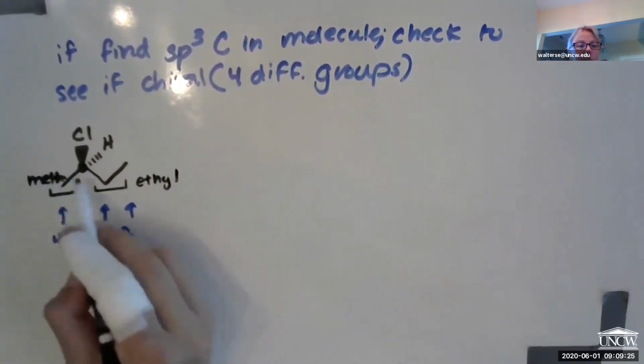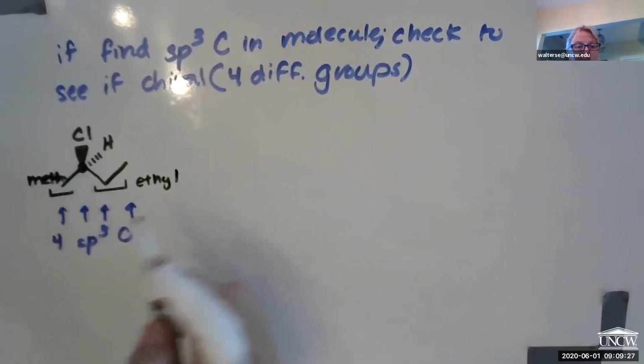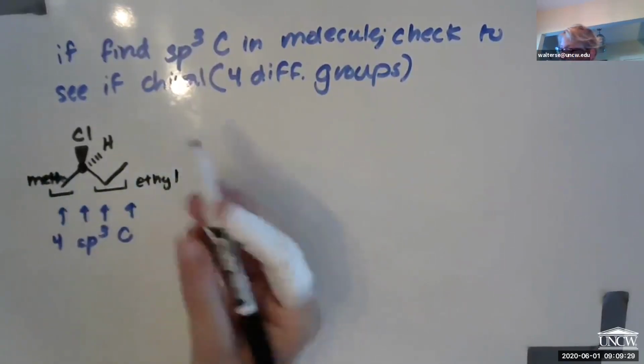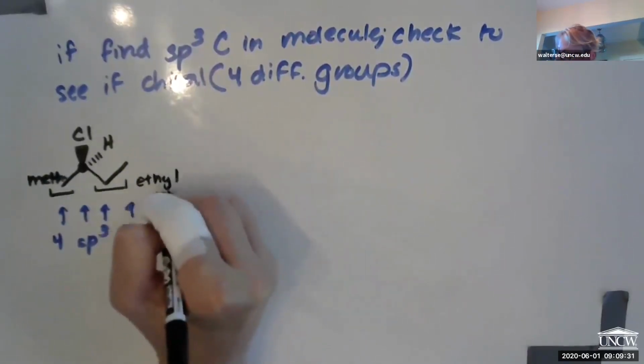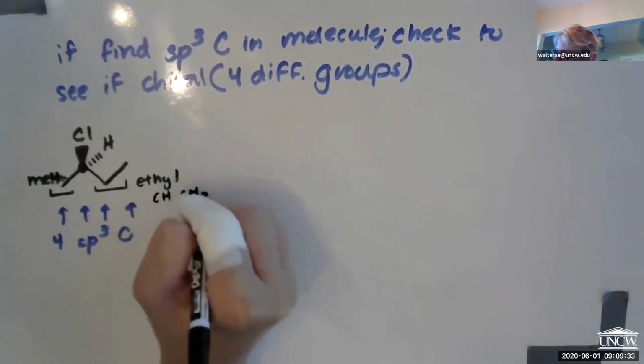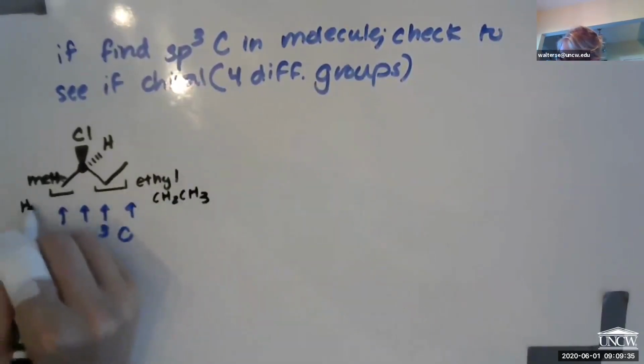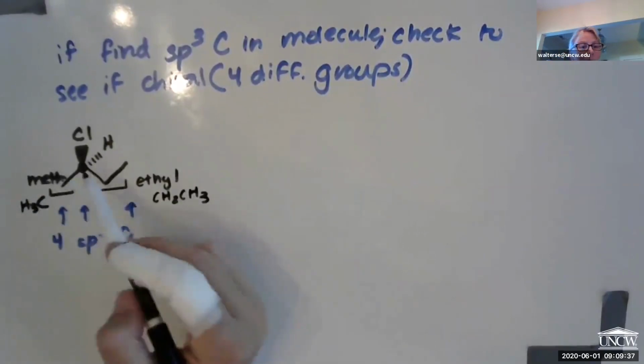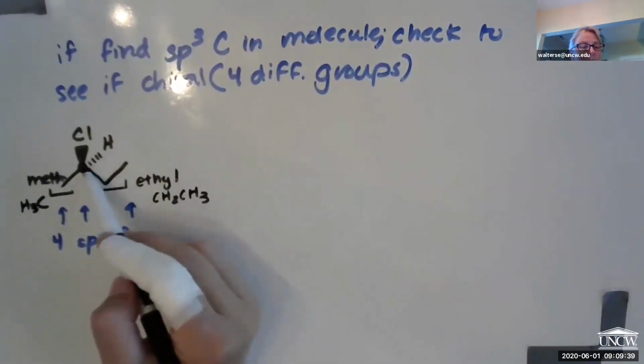Okay, so even though this is a CH3, and this is CH2CH3, they're different. Okay. So this carbon in the middle here is chiral.